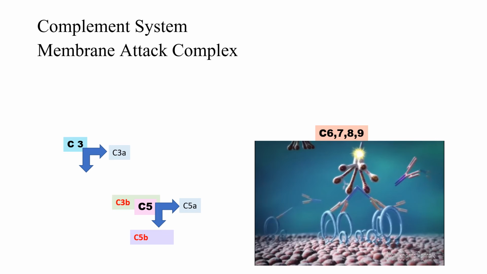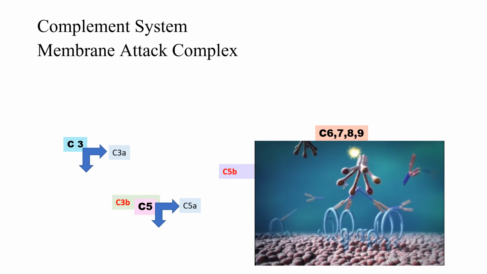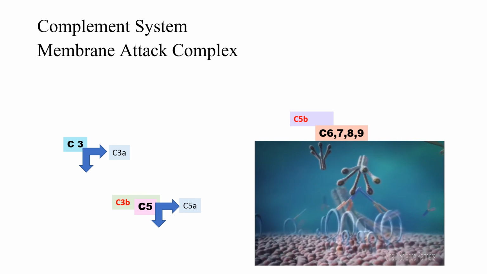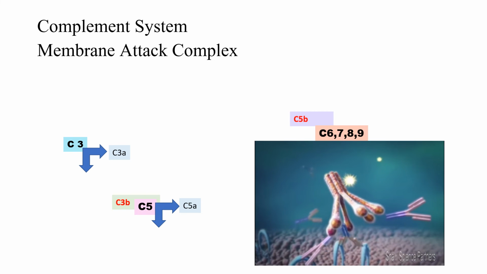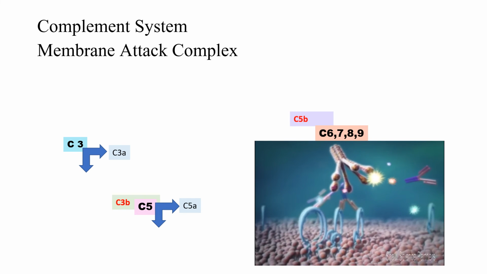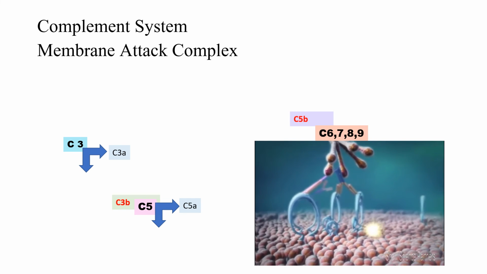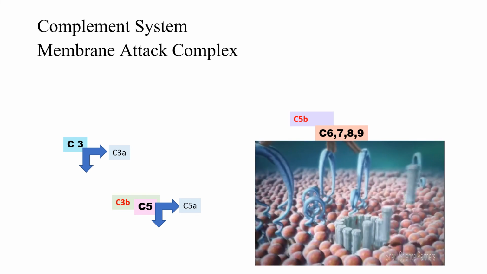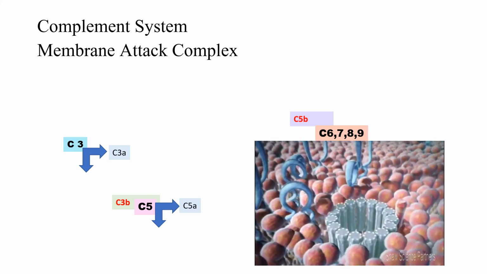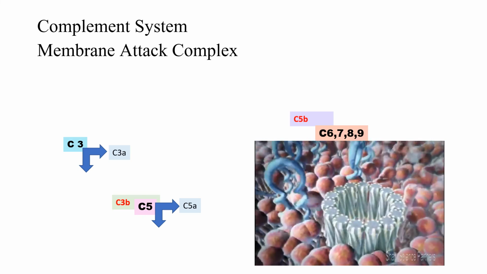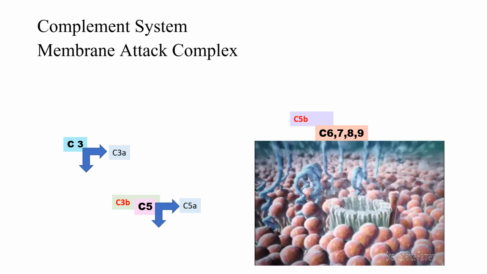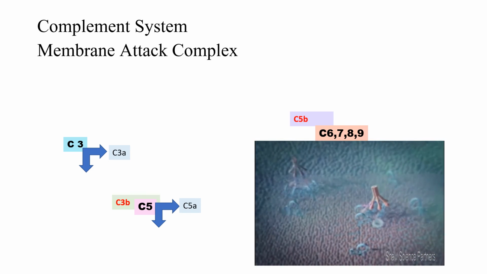Again, C5a will mediate inflammation, whereas C5b will bind with the complex that is C6, 7, 8 and 9. This complex forms the membrane attack complex and binds to the cell surface, resulting in the formation of a pore. This pore will then cause the influx of fluid from the surrounding spaces into the cell, leading to the osmotic lysis of the cell or the cell death.